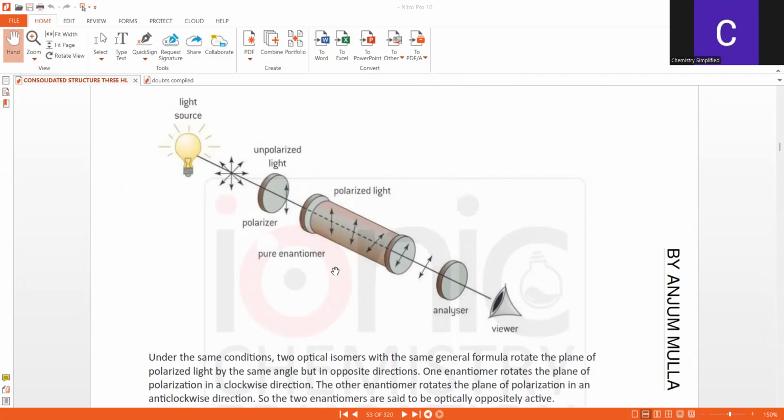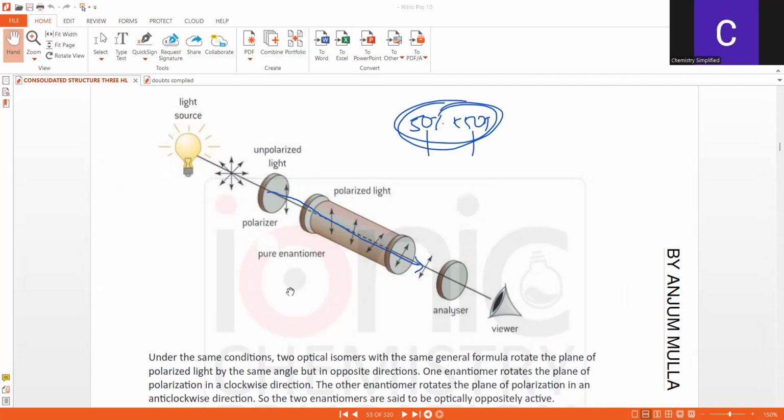So if I take a mixture of both, like 50-50% of both the isomers, then both isomers will rotate the plane in opposite directions. So as a result, the light will come out and the plane will be unrotated.